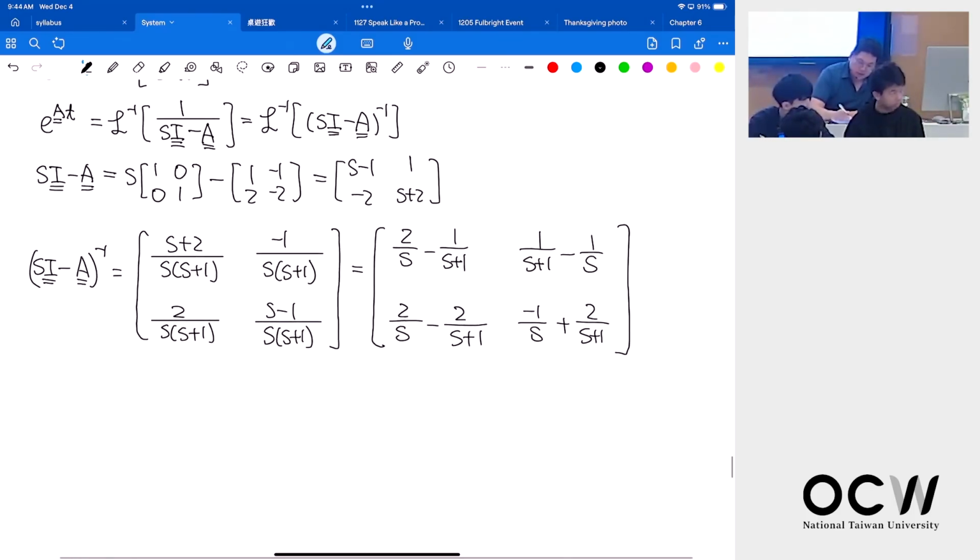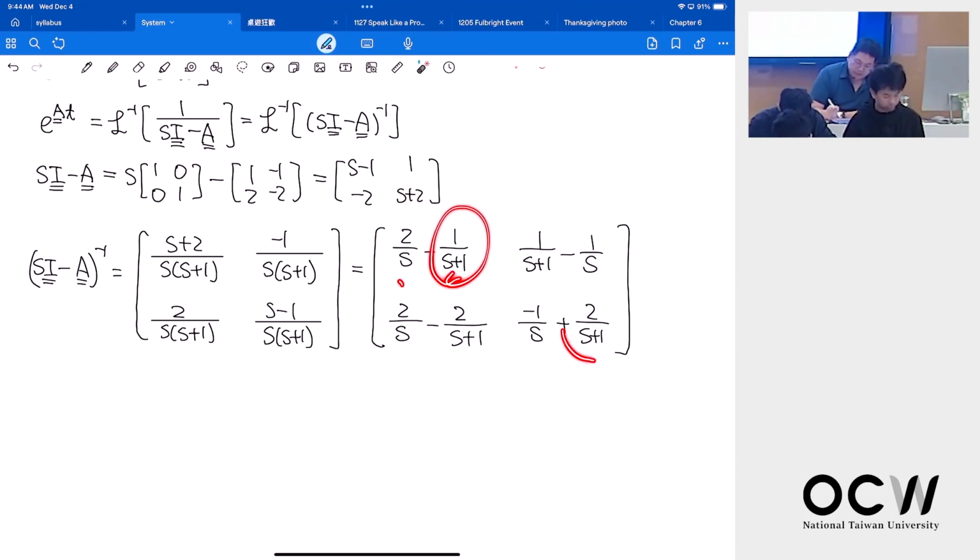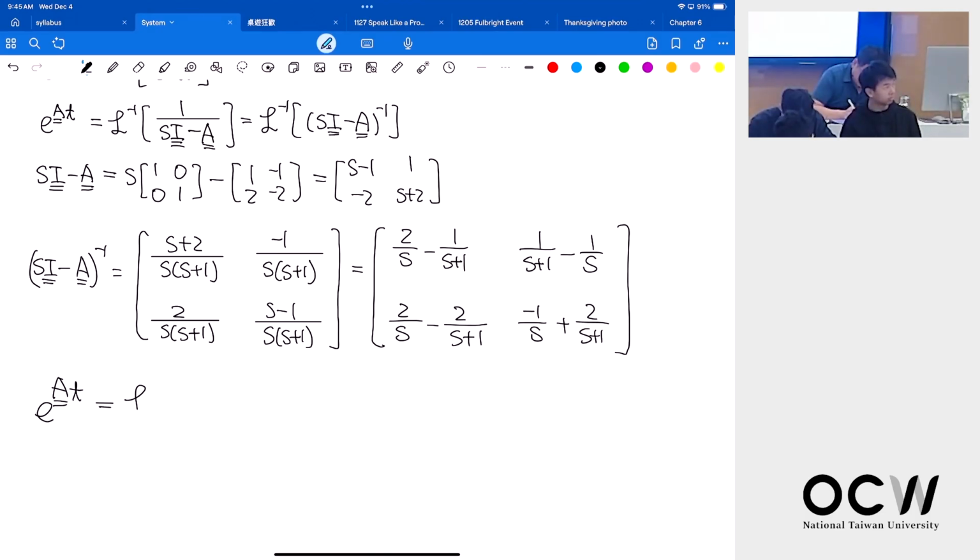So in this case, I know the inverse of this, and of this. So e to the At will be the inverse Laplace transform of the matrix sI minus A, inverse.